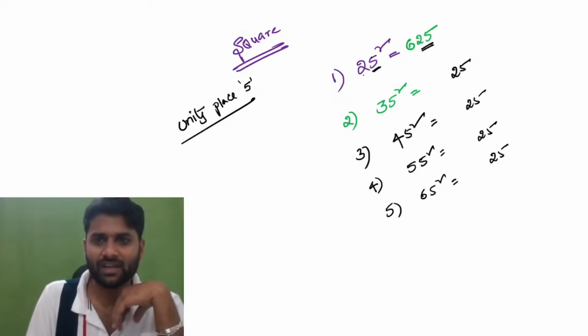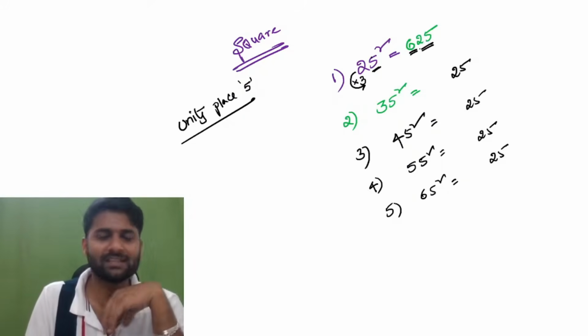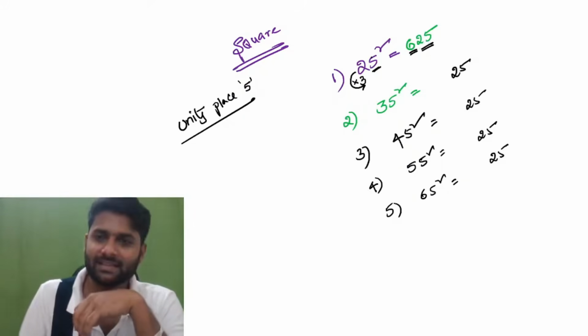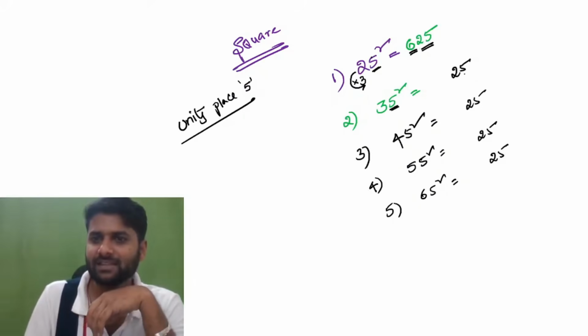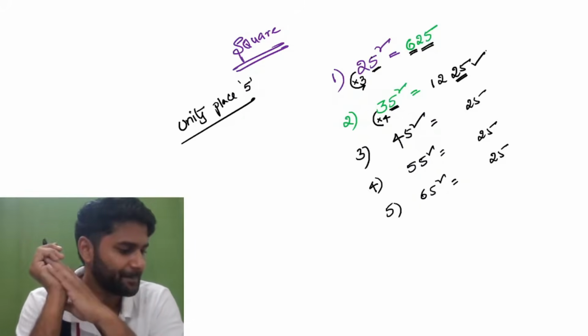If 25 square is equal to 625, what is your observation? The last two digits are 25, and the next number after 2 is 3. If you multiply 2 into 3, you get 6. In the same way, for 35 square, the next number after 3 is 4. 3 into 4 is 12, so the result is 1225.